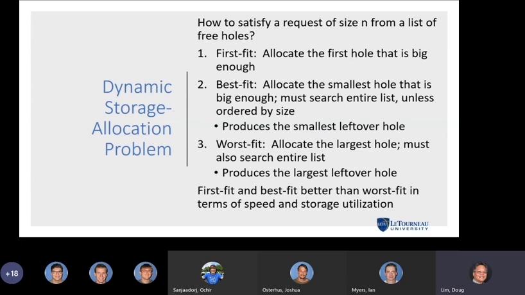First fit and best fit are much better than worst fit in terms of speed and storage utilization. So you could imagine that worst fit would have to be a very special case where you would choose to use it, but in general, first fit or best fit would be the solution. And please remember that the best fit algorithm, as described in the name, results in the smallest leftover holes in memory.